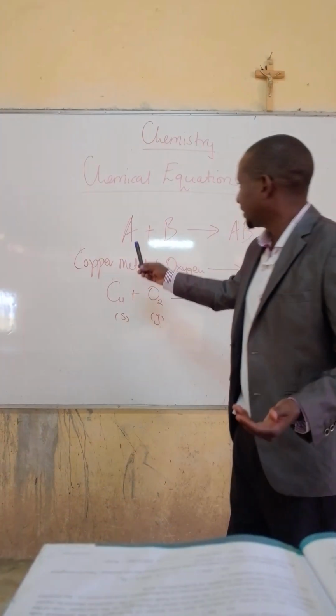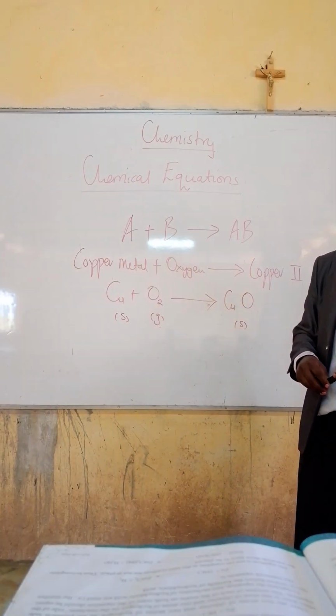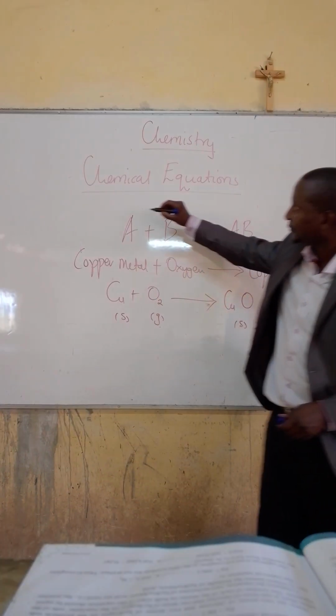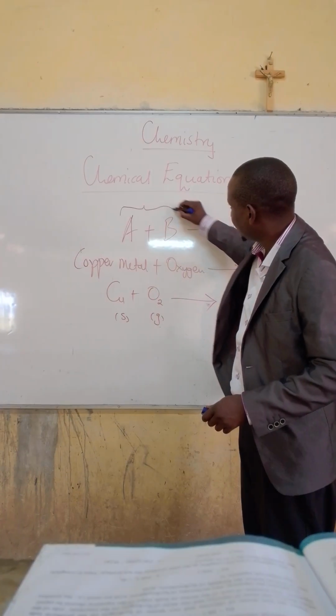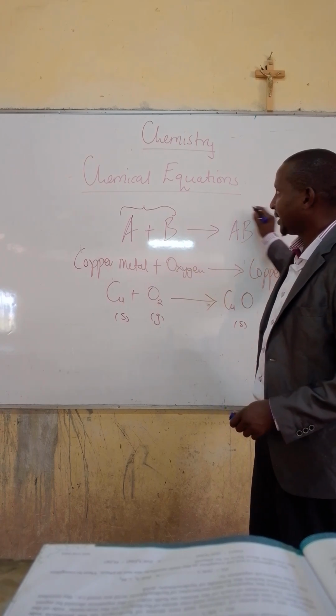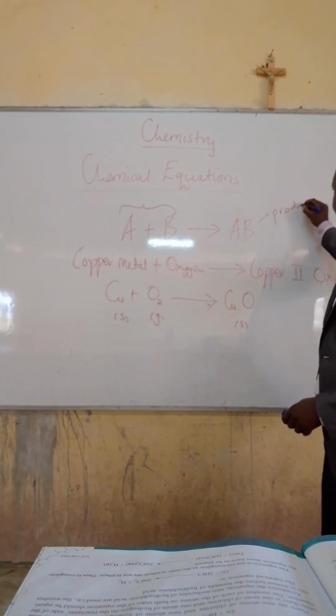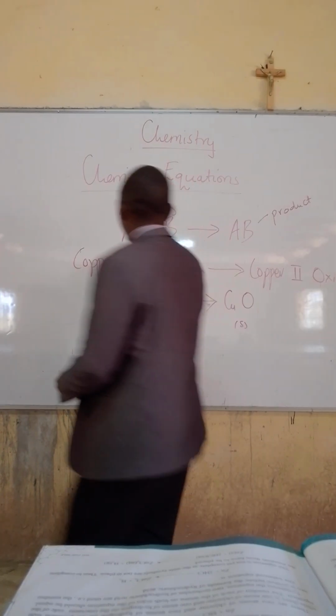So it's an equation, for example, A and B are reacting. These are the reactants, and this is the product.